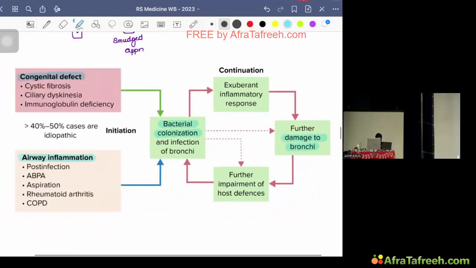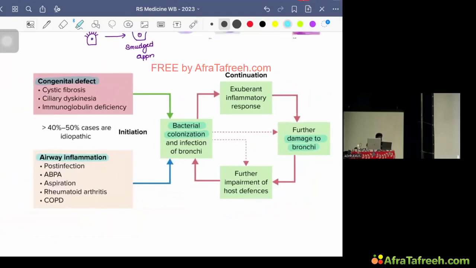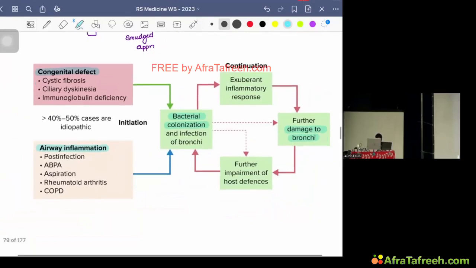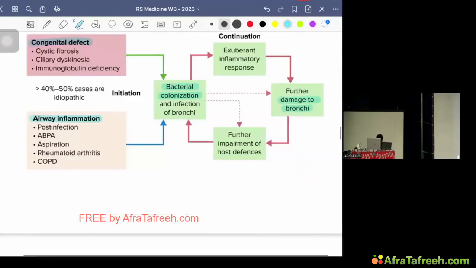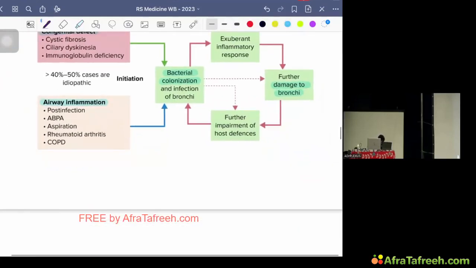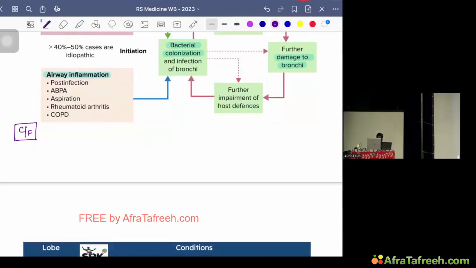This sequence happens repeatedly, and ultimately the patient lands up with bronchiectasis. What are the clinical features of bronchiectasis? The patient usually will have purulent productive cough.